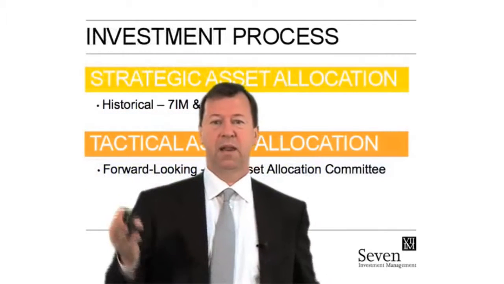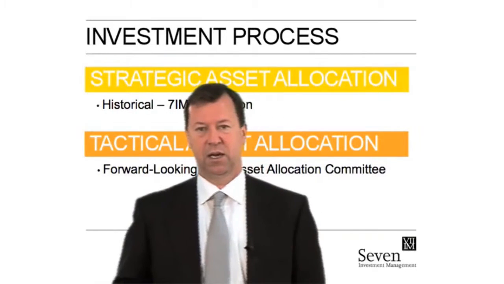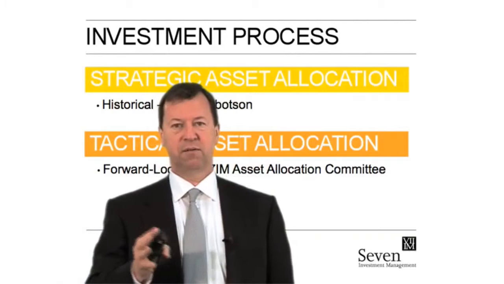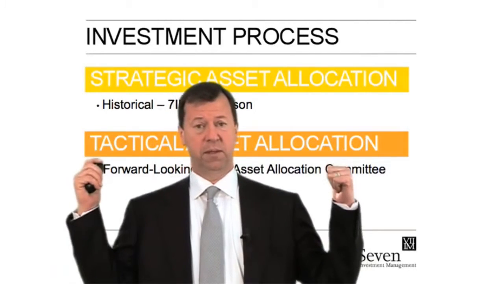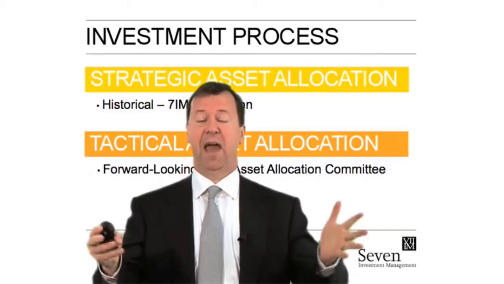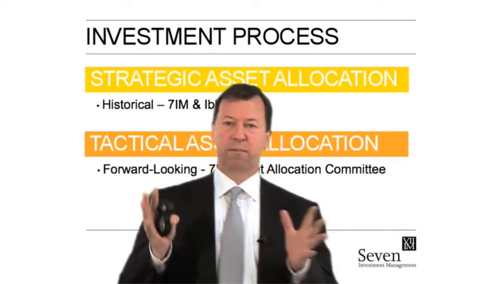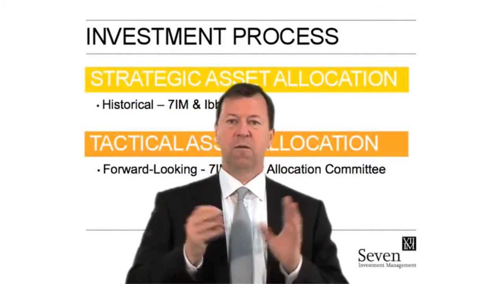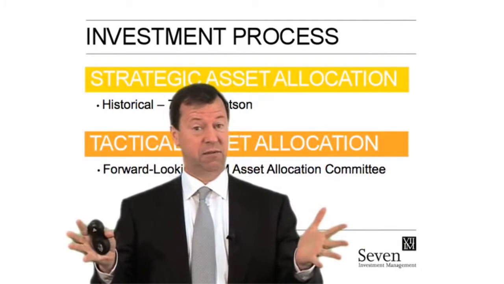The way we go about that is we have a starting position, or what we call a strategic asset allocation, which is an asset array for four different levels of risk, which is based upon historical performance of the asset classes. In fact, these strategic asset allocations represent almost ideal portfolios for the given levels of risk for yesterday, but not necessarily for tomorrow.